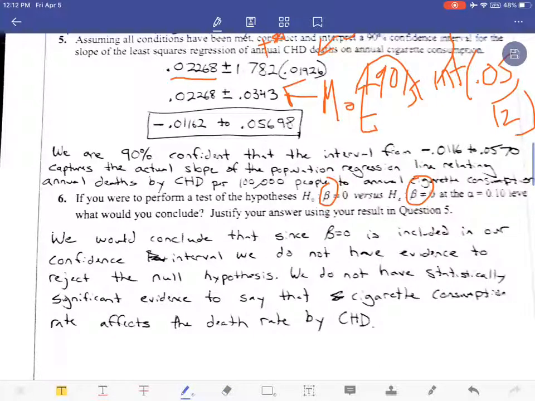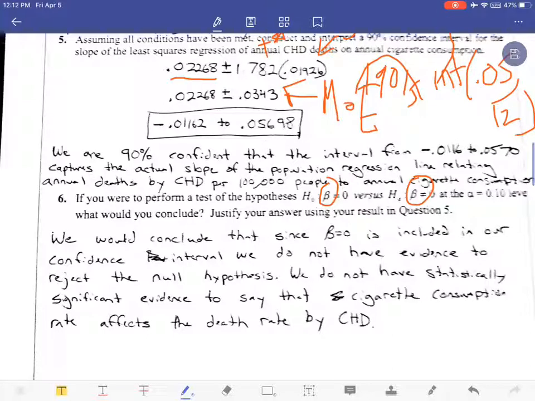So if we look at our confidence interval, 0 is included in our confidence interval. So that means that we don't have statistically significant evidence to reject the null hypothesis because the null hypothesis value is included in our confidence interval, that null hypothesis value of 0, so we don't really have any evidence to say that zero could possibly be outside that interval.